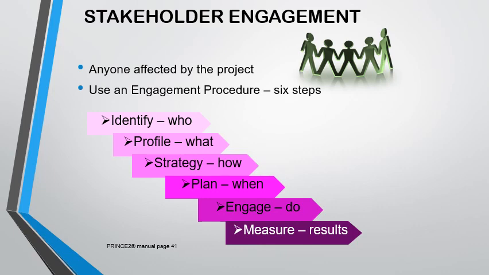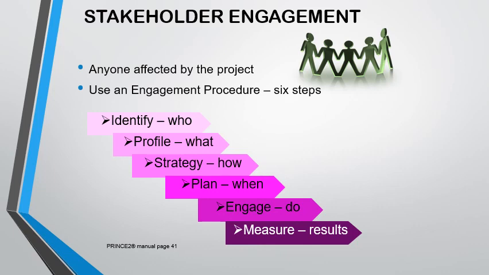So these people have to be identified. They have to be profiled so that we can know the kind of persons they are, which will help us to create a strategy on how to engage with these stakeholders. And of course, once the strategy is discussed, a plan will have to be created as well.